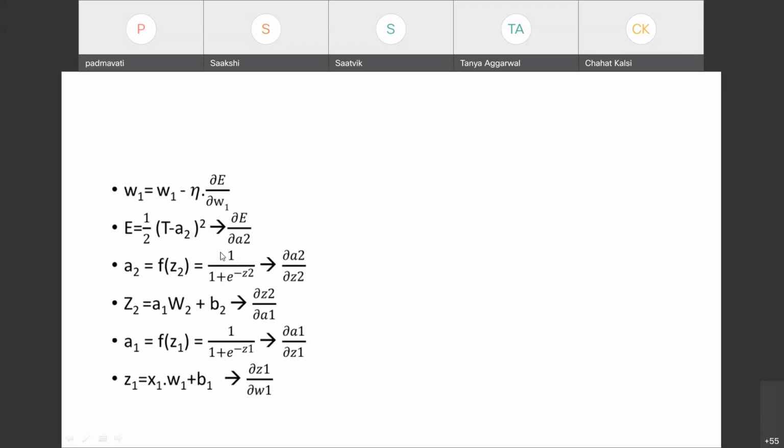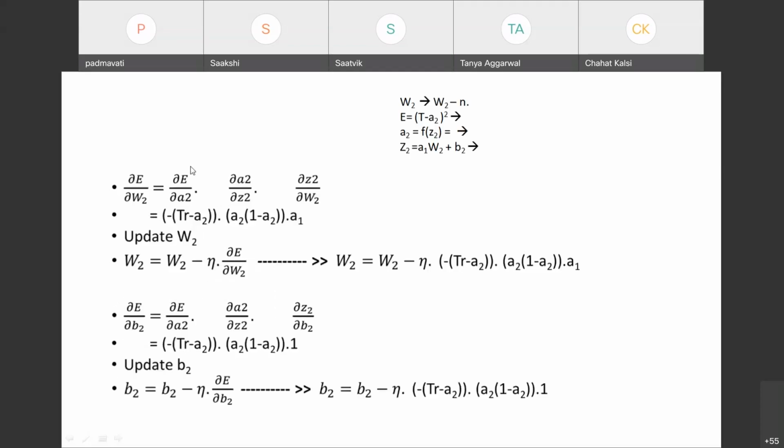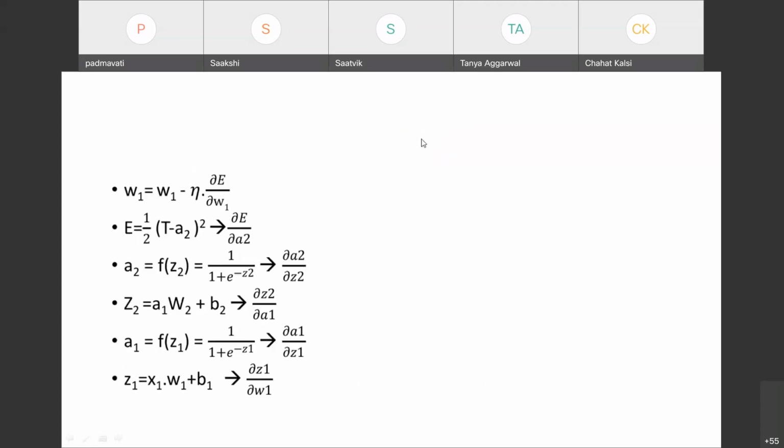Okay. Similarly, ∂a2 with respect to ∂z2, that is f of z2. My a2 is in terms of 1 upon 1 plus e to the power of minus z2. Whenever I apply the derivative of a2, I will be computing it with respect to z2. Whenever we have this form of equation, 1 upon something, I will be getting a2 into 1 minus a2.